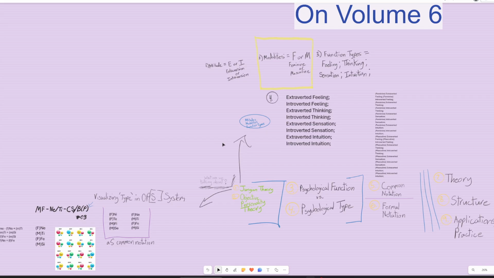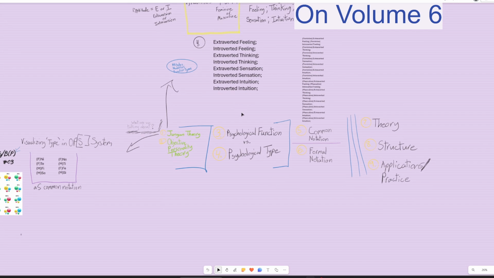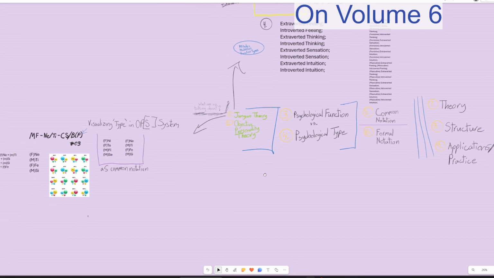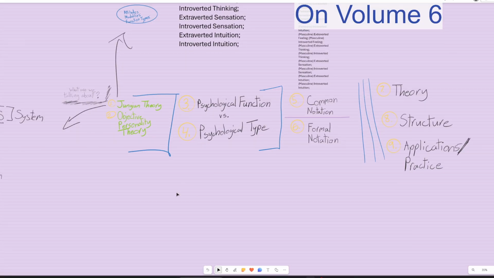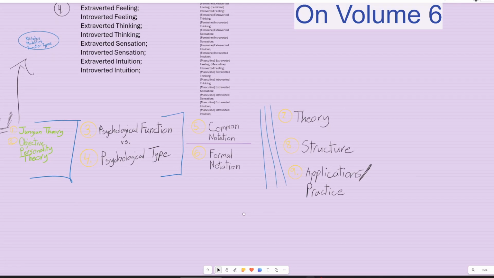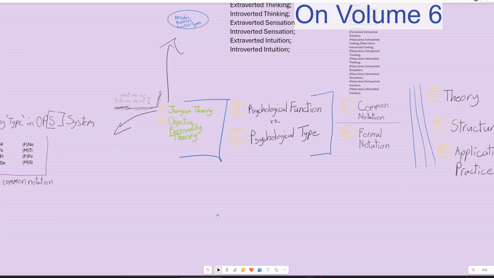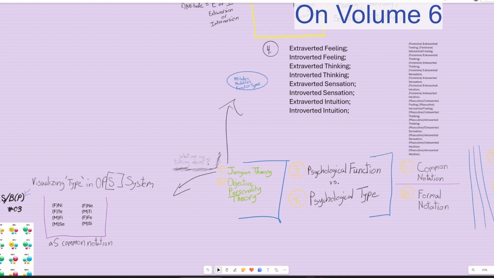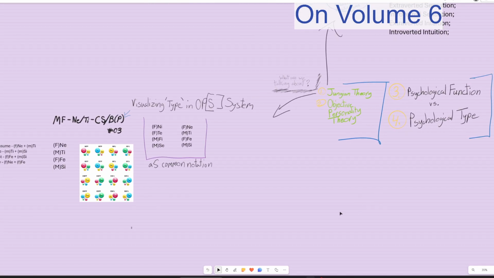There's a lot going on in those statements, and we've been struggling, me, myself, and I, to come up with a coherent narrative to depict some of these distinctions: psychological functions versus psychological types, common notation versus formal notation, and theory, structure, and application/practice, in terms of where the overlap is and where the differentiation begins between Jungian theory and objective personality theory.